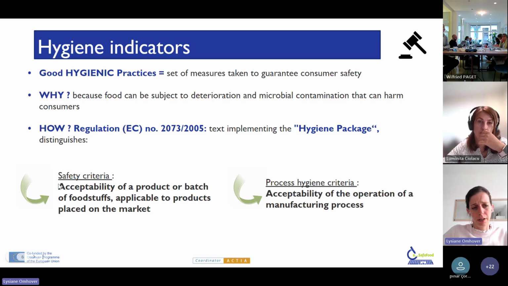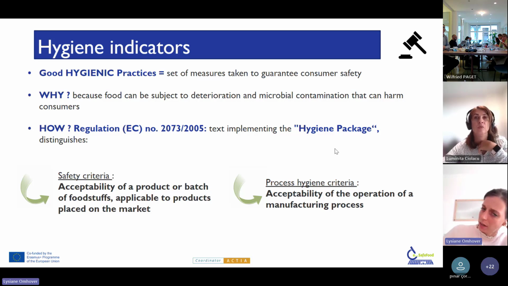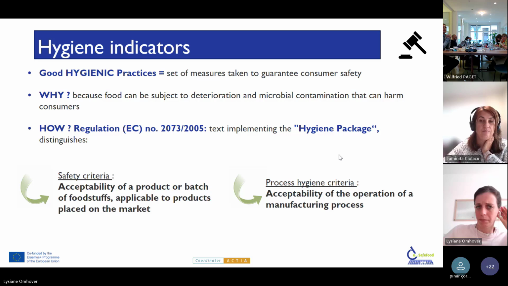The first one are safety criteria that define an acceptability of a product or a batch of foodstuff applicable to products placed on the market. And the second criteria are process hygiene criteria that define the acceptability of the operation of a manufacturing process.